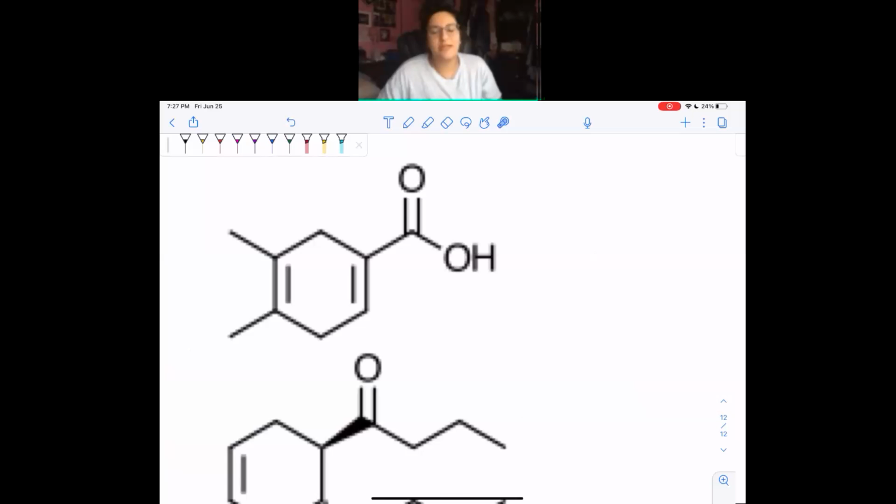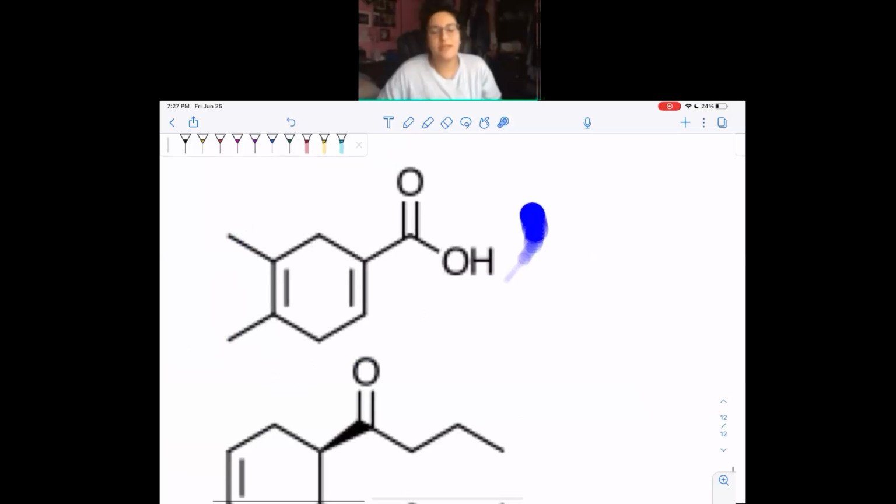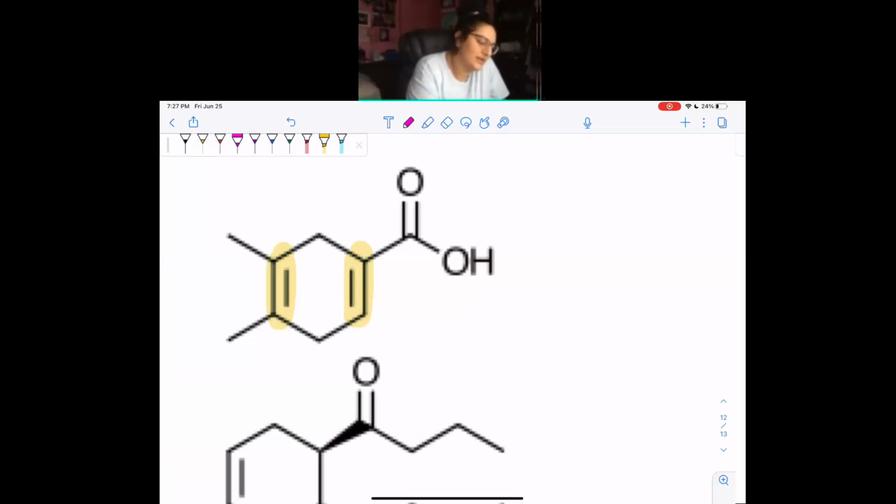And so when I look at this, I think, okay, where is my double bond? In this example, we have 2 double bonds. So that means one of them belongs to the diene, and one of them means we had a triple bond as the dienophile. So how do we figure out which is which? Well, we are going to say this is double bond number 1, this is double bond number 2. And we're going to look at the substituents.